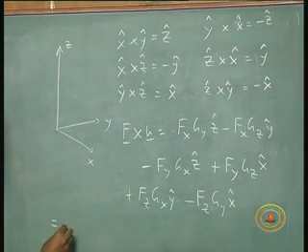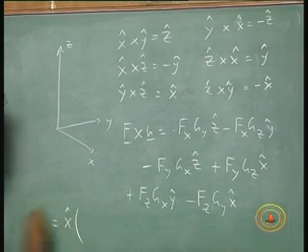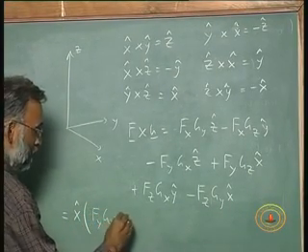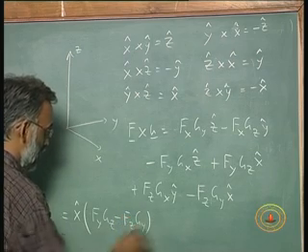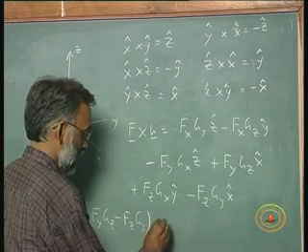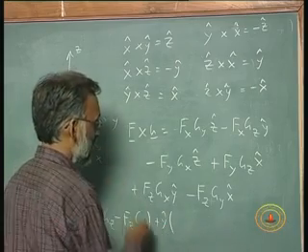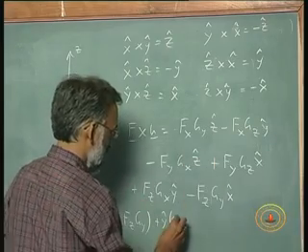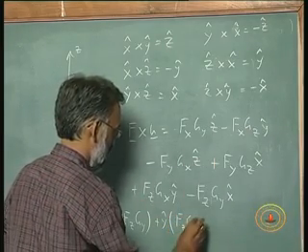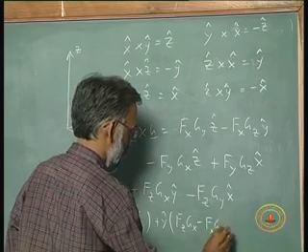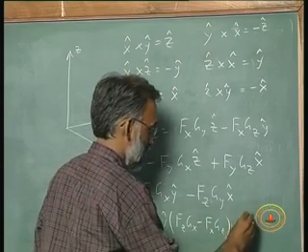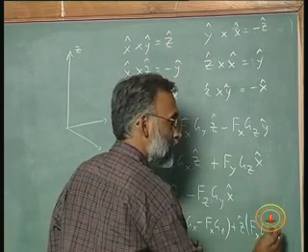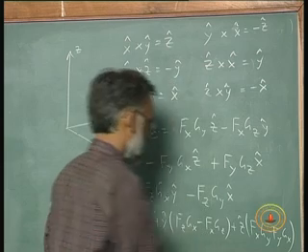So, what does this become? It becomes x hat times fy gz minus fz gy, plus y hat times, there are 2 terms, fz gx minus fx gz, plus the z term, which is fx gy minus fy gx.